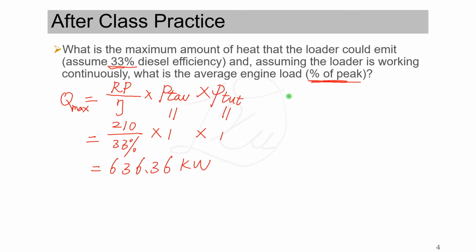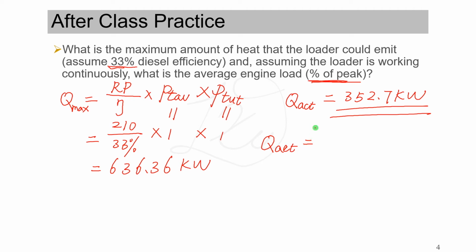But actually the loader is emitting Q actual equals 352.7 kilowatt. This result is from the previous question. The heat can be calculated as the rated power divided by efficiency, times percent time available, but assuming the loader is working continuously, that is 1, so 100%, times percent utilization, which is the engine load.